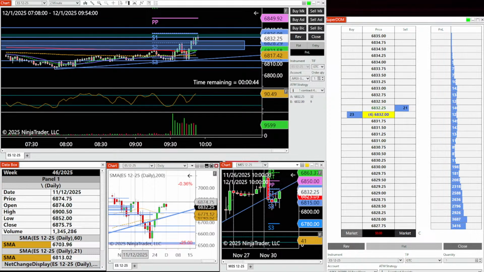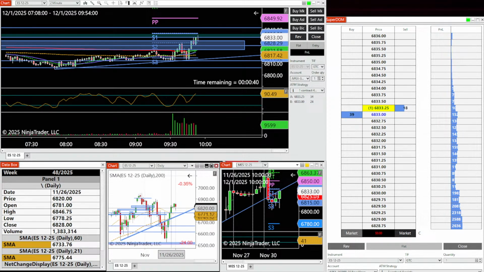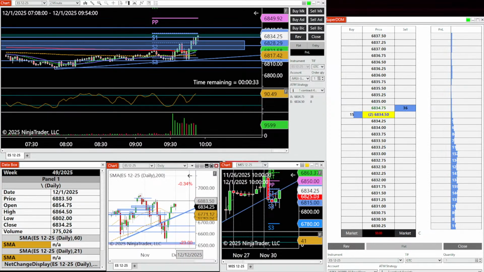Are we trying to make an inverse head and shoulders? If we do that, then we've got a lot of room to run up. The low one here is 25.